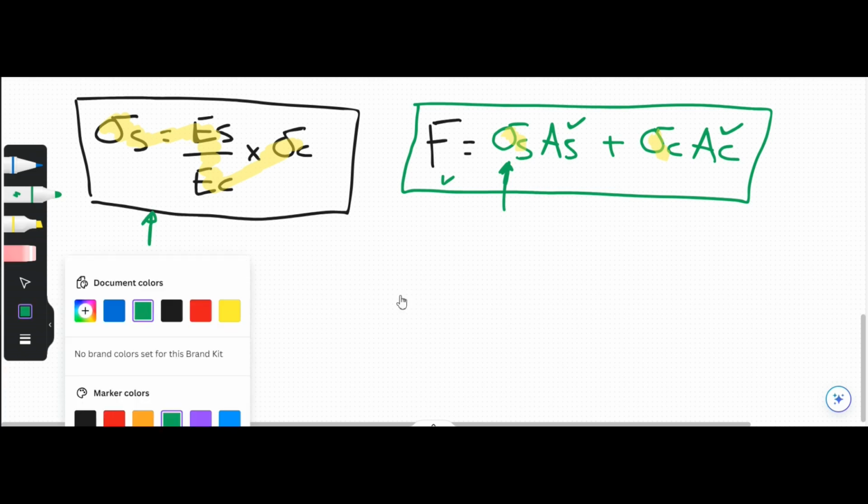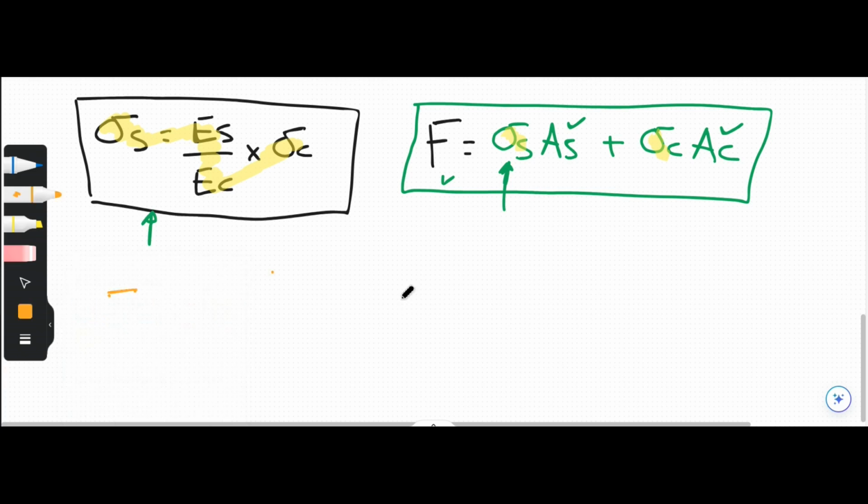It's going to look something like this. Force, right? And all I'm going to do now is substitute this formula into there. So stress in the steel is the same as that. All I'm doing is putting that in there.